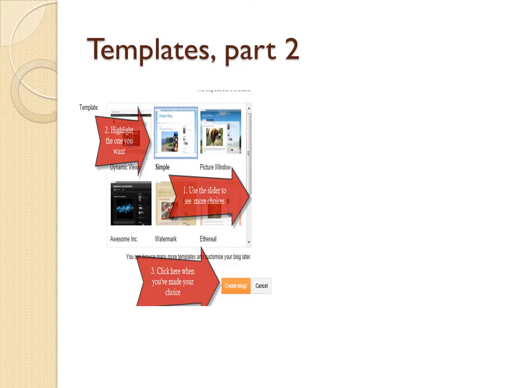Now, when you look at all of these, you find something that seems appealing and you use a slide bar to look at all of them, and then second, you highlight the one you like. I use the one called Simple because I didn't want this to be too complicated as we get started. So I clicked on Simple, and then when you have highlighted the one that you want, then go down here and click on Create Blog.